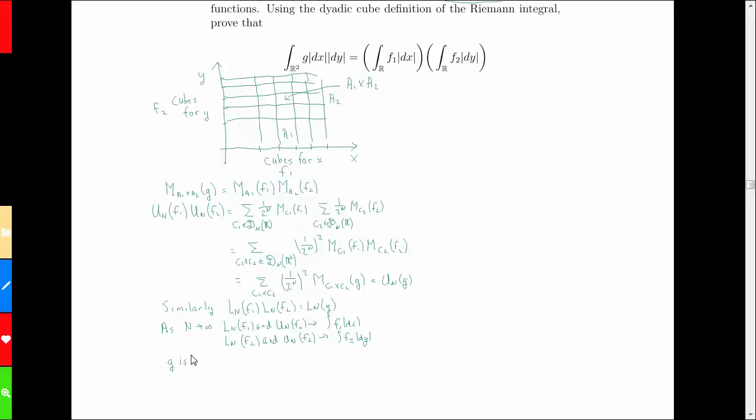It follows that the product function G is integrable, and the value of that integral is equal to the product of the integral of f1 and the integral of f2. Okay, that's part one of this longish proof.